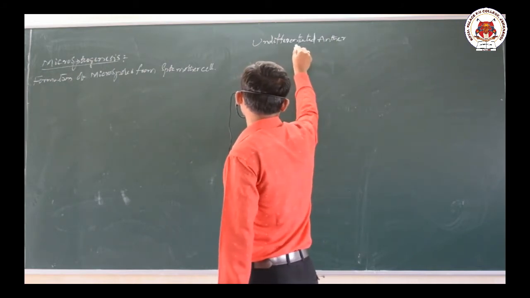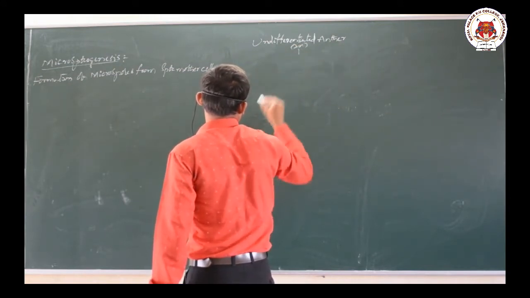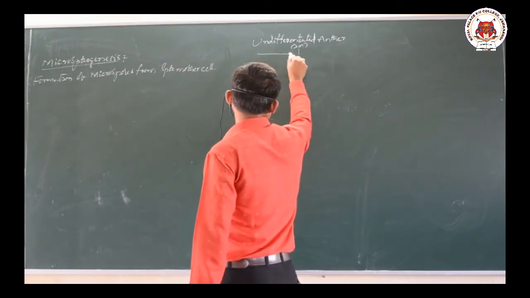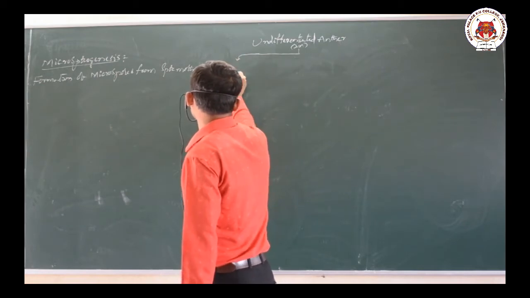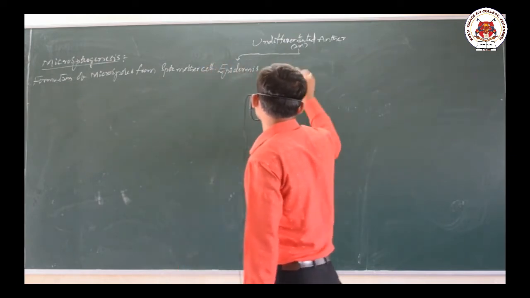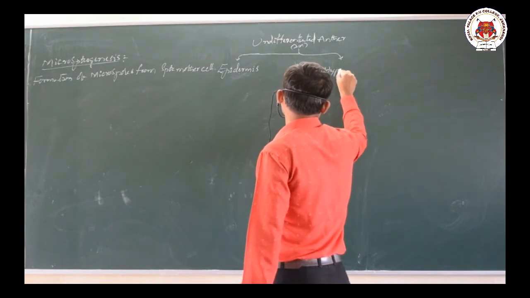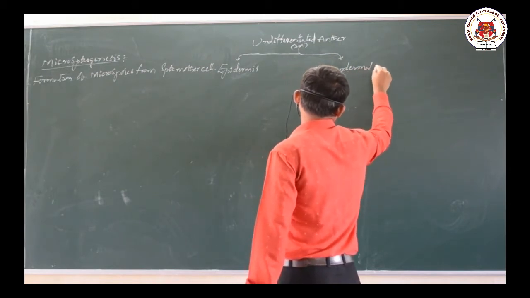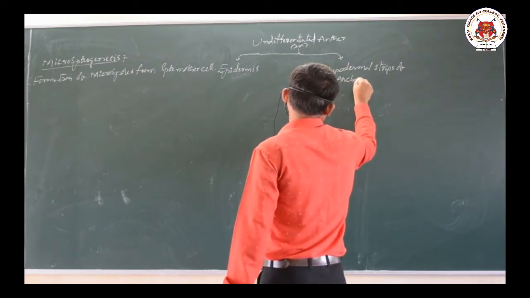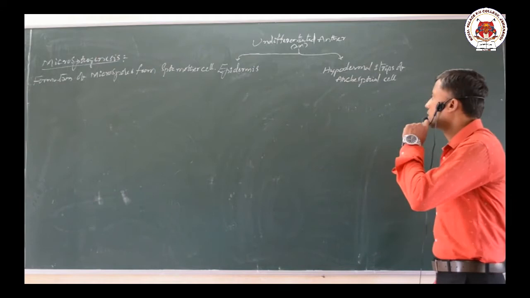This undifferentiated anther is in a diploid condition, and it undergoes periclinal division inside the anther walls to produce the epidermis and the formation of the hypodermal strips of archesporial cells.